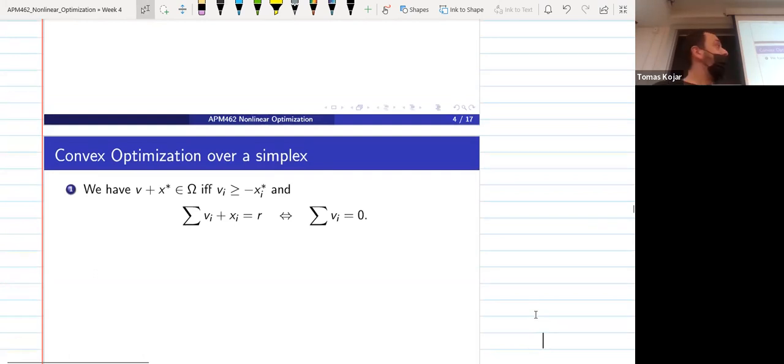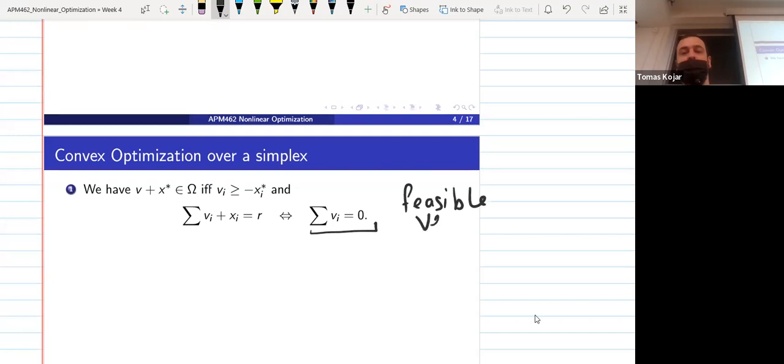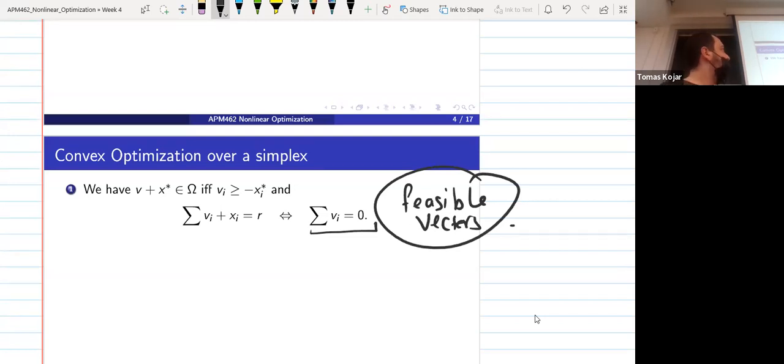So the summation of vi plus xi needs to be in the simplex, so it needs to equal r. That means the sum of the vi needs to equal 0 for a feasible direction. These are the feasible vectors, all the guys that satisfy this.